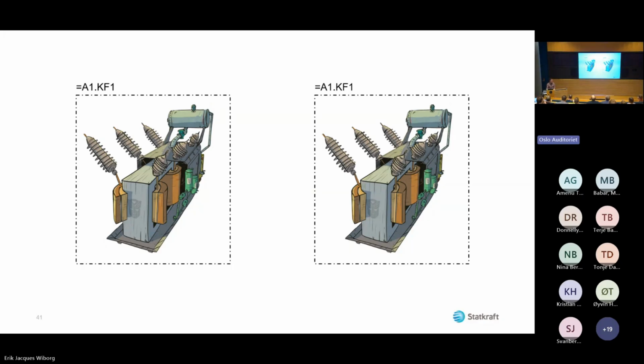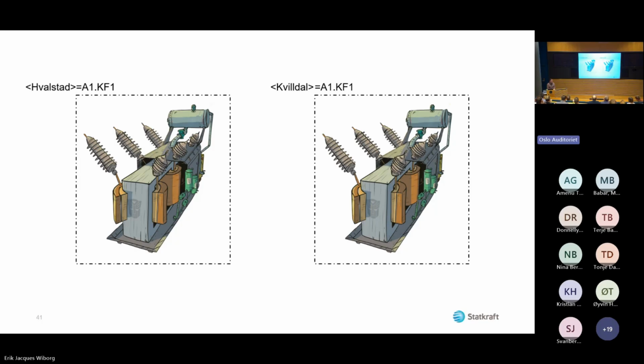Now, how do we differentiate these? We use the top node, which gives us the context. So we know which power plant or whatever system it belongs to, so that you get unique identifiers. Now, within the RDS world, you're not supposed to use unique, you're supposed to use unambiguous, which this is. Once you know you're looking for a transformer for unit 1 in Kvildal, you know exactly where to go. It is unambiguous.